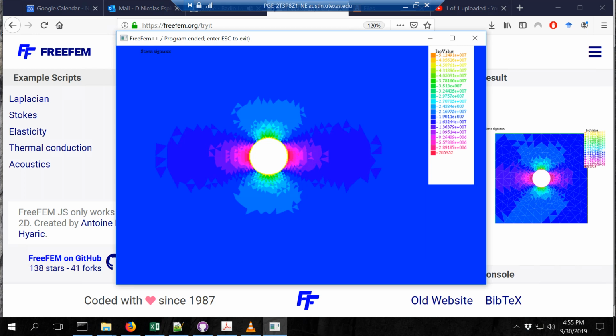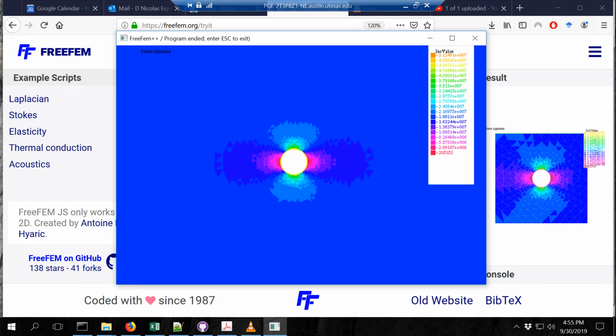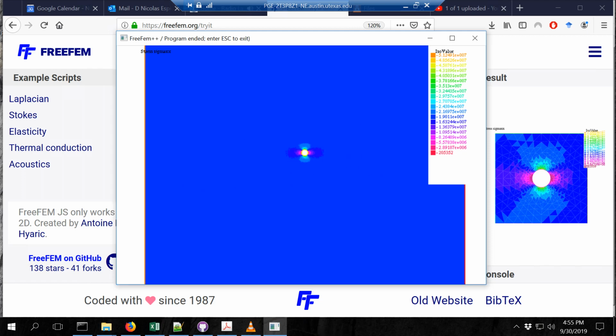Now I'm plotting the values of, probably you cannot read from here, but here it says sigma xx. These are the values of sigma xx in the entire domain. Let's see what I had over here.